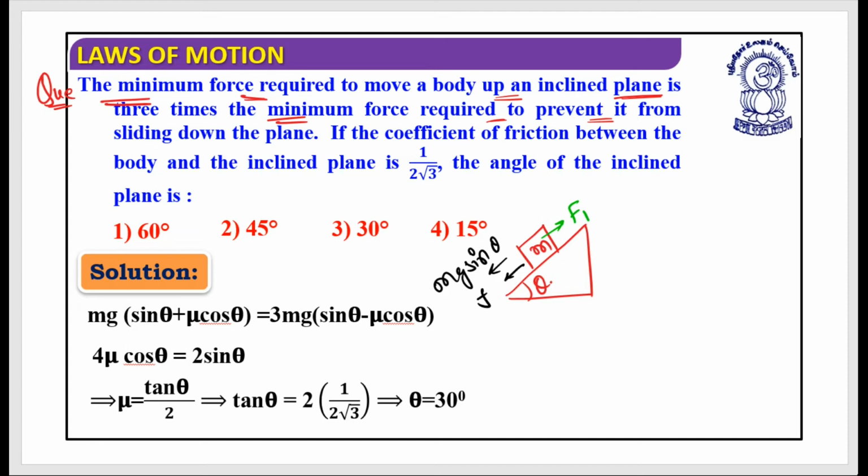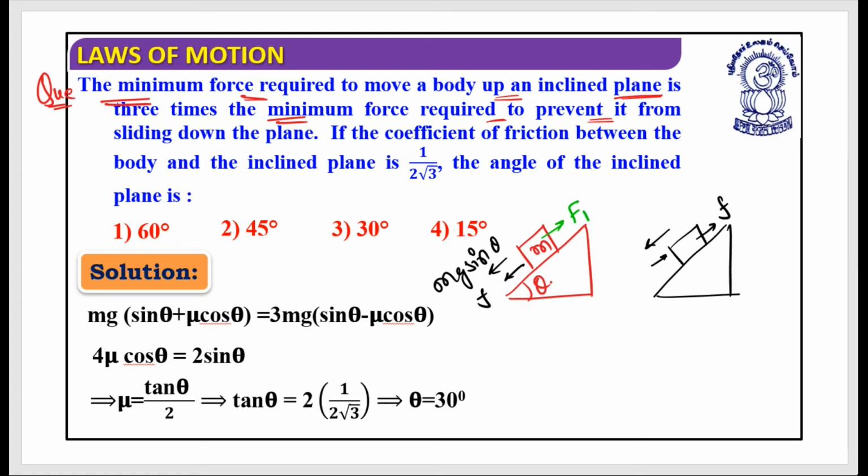Now this is three times the force required to prevent it from sliding down the plane. If I understood this carefully, it means the block is moving in the downward direction, and as it is moving downward, friction should be acting in this direction.